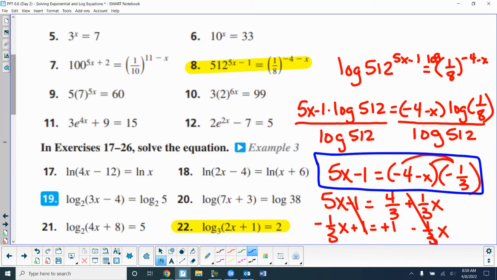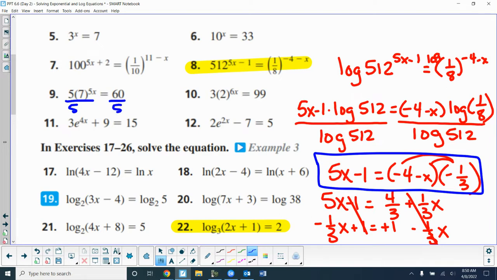Since the base is e, I probably would have used natural log of both sides. Whenever I see that e for a base, because what is the base for natural log? E, right? So the first thing I would have done on that one, like 9 and 11, for 9, I would have divided by 5 first.